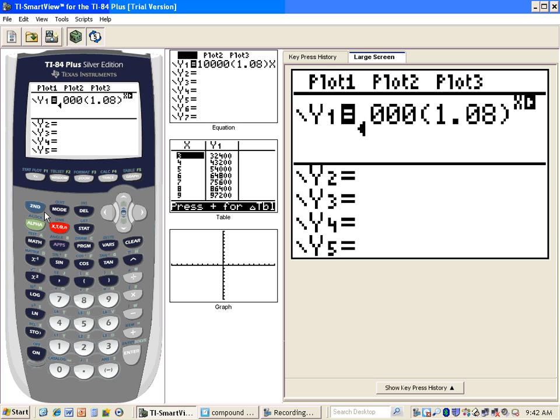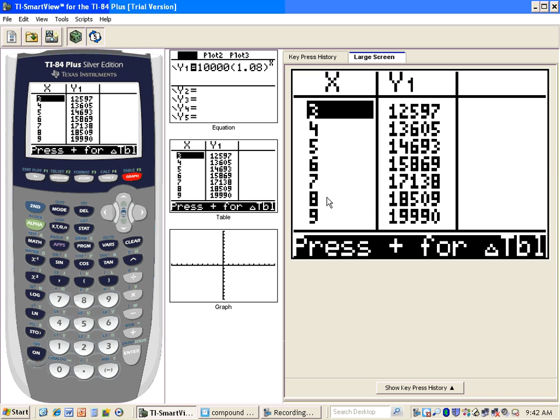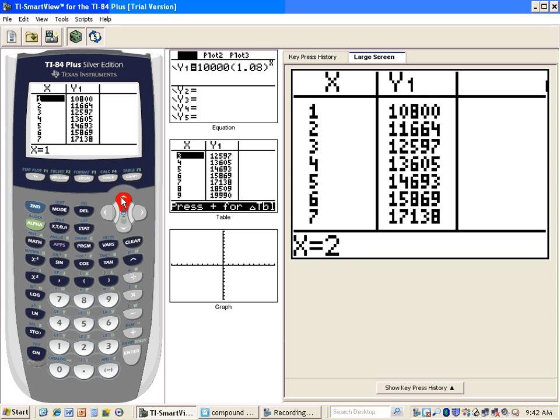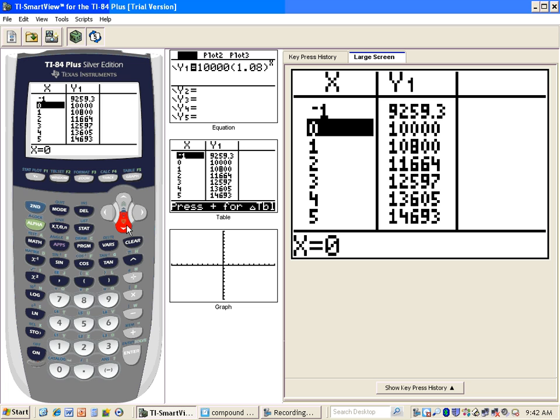And then I'm going to go look at my table. If we go to the top of the table, there's our 10,000, and it's growing by 8%, so there's another 800.